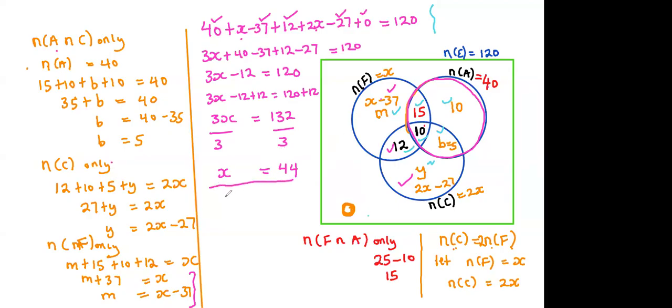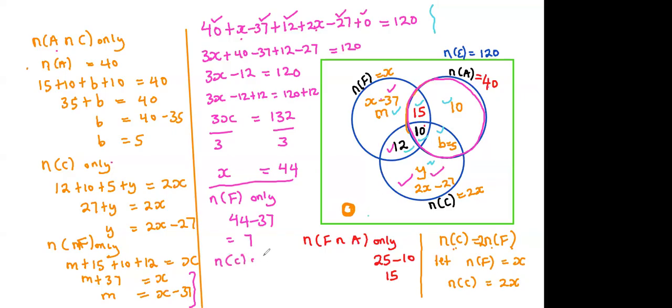Let me say you can first find out what is f only. And you know that f only is x minus 37. So you say 44 minus 37, and that one will give us our 7. Then you go to this one, which is c only.